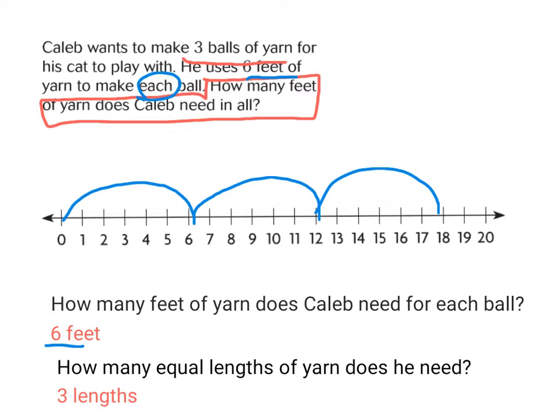So we made 3 jumps, and each jump is 6 feet long. So in other words, we did 3 times 6, since we did 3 jumps of 6.